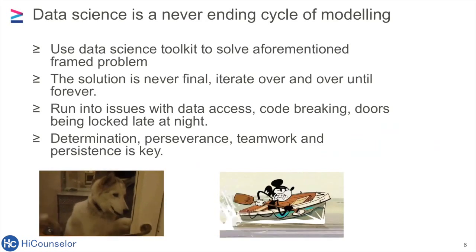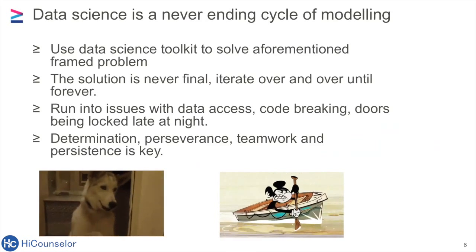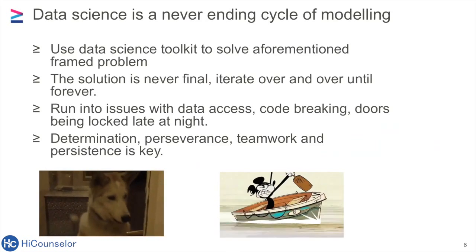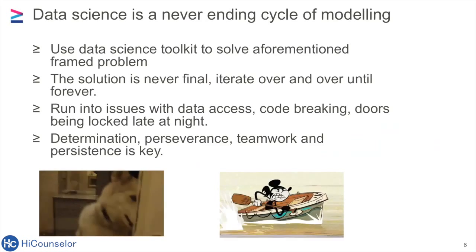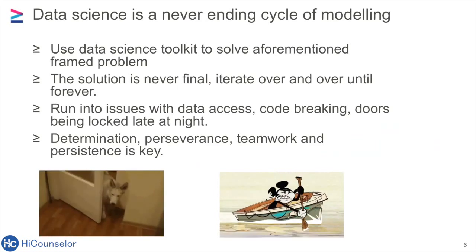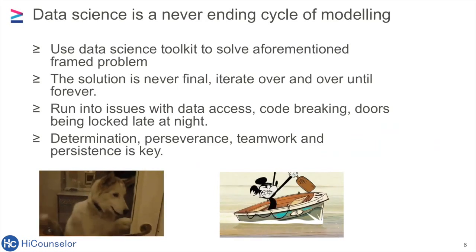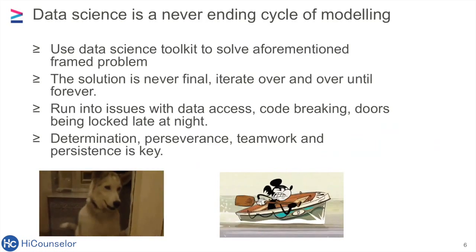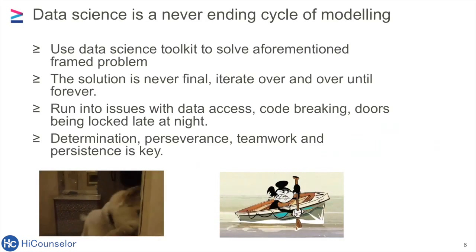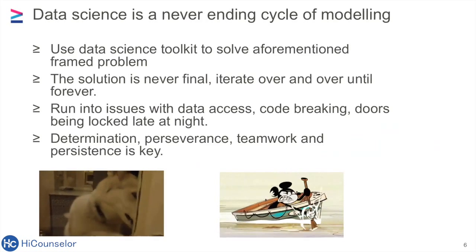And then obviously, as I mentioned earlier, we will run into a lot of data access issues. We will run into a lot of code breaking, doors being locked late at night, meaning a lot of times the clients will say we won't be able to give access, or they will deny the data. So it's almost like a never-ending cycle about getting the data.